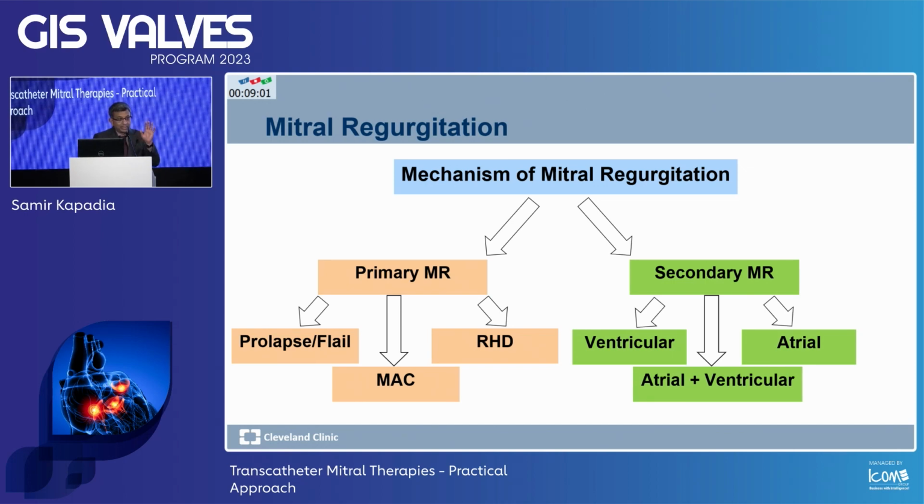So keep in mind that MAC and rheumatic heart disease are primary mitral regurgitation. And for secondary mitral regurgitation, we say ventricular mitral regurgitation, atrial mitral regurgitation, and there is also atrial plus ventricular mitral regurgitation. Most of the mitral regurgitation is atrial plus ventricular, meaning the atria is dilated, the annulus is dilated, and the ventricle is dilated. Keep that in mind.